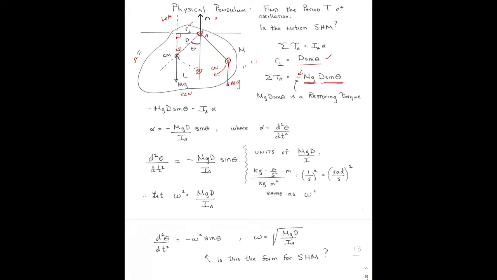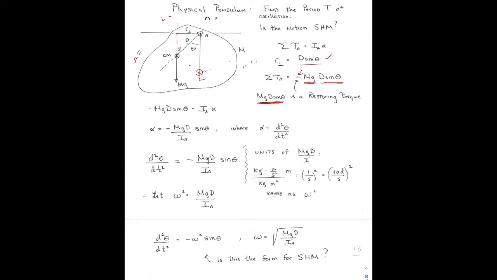So the minus sign indicates that mg d sine theta is a restoring torque. It's always in a direction to restore the center of mass back to its equilibrium position. You can also think about it as if I just had this thing resting, there's the center of mass.